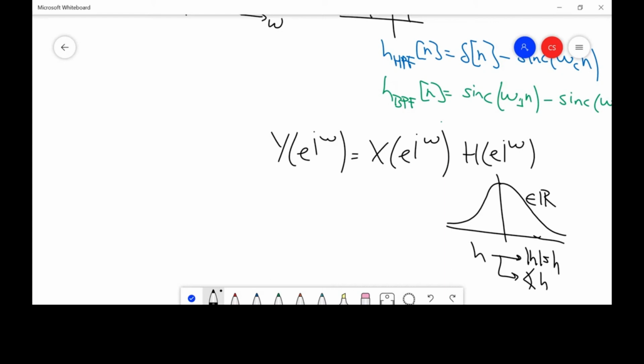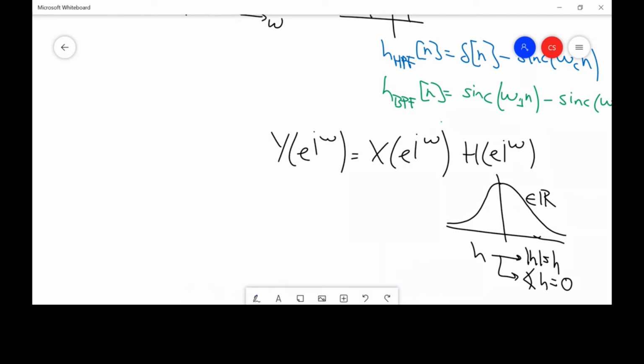What is the phase of h as a complex number? 0. So all real numbers, when considered as complex numbers, have phase 0, all positive real numbers. Okay, so what is it for a negative one? If h is negative, what is the phase of h? Negative. Okay, or minus pi or however you want to call it.